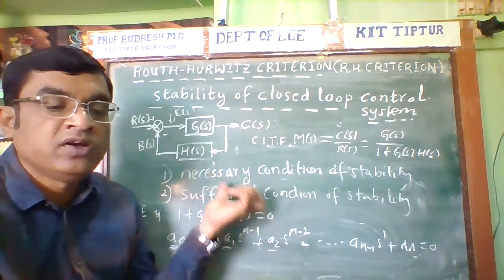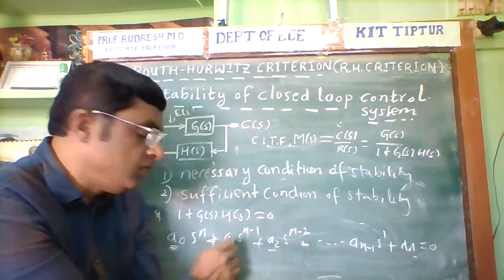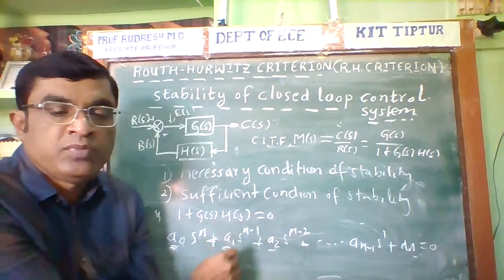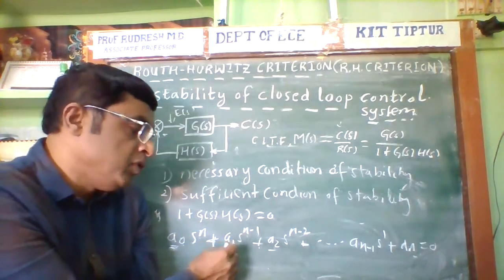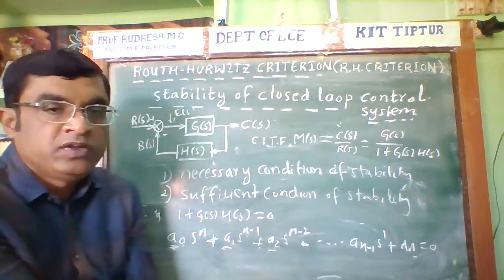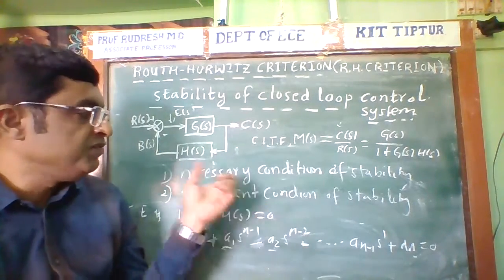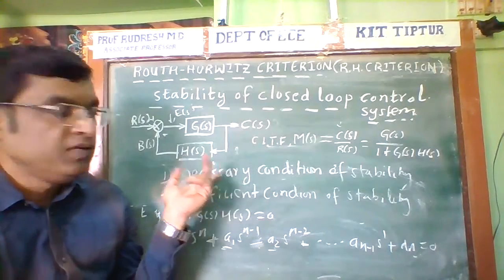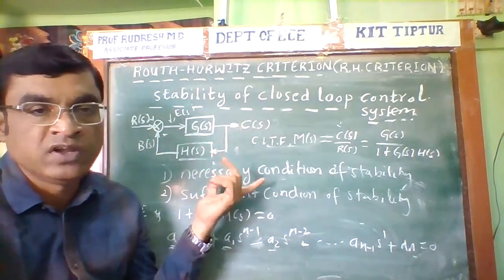The necessary condition of stability is that all the coefficients of the characteristic equation must be positive: a0 is positive, a1 is positive, a2 is positive. If any is negative, then it will not satisfy the necessary condition. So if the necessary condition is not satisfied, then the system is unstable.